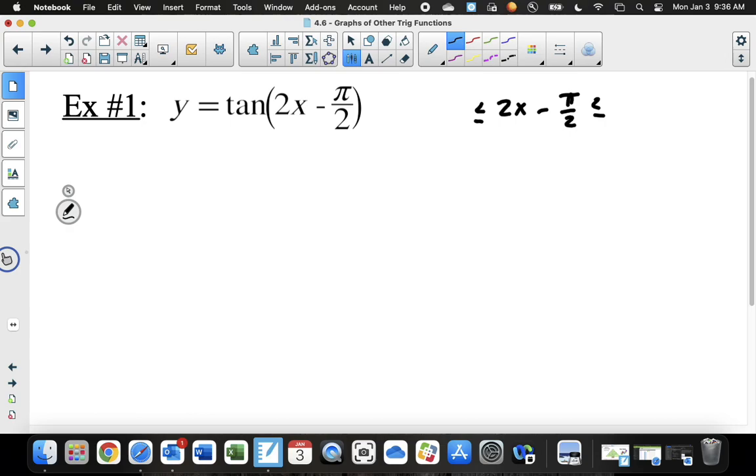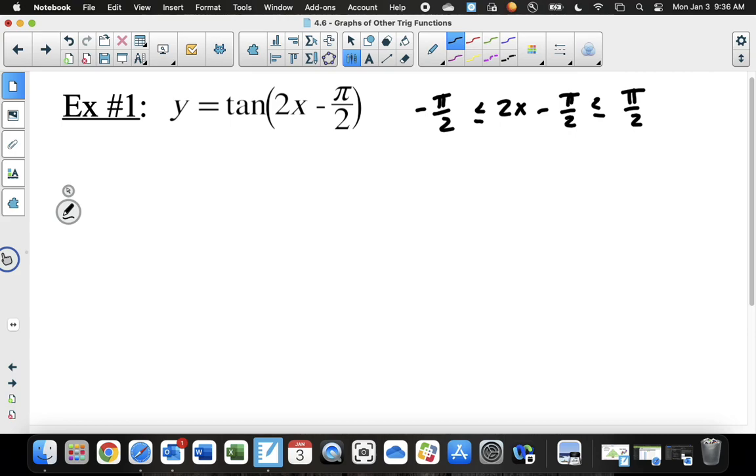Because it's a tangent graph, the parent function's asymptotes are normally at negative pi over 2 and positive pi over 2. What we're going to do is solve for x, and that will tell you where your new asymptotes are located, 2 consecutive asymptotes.